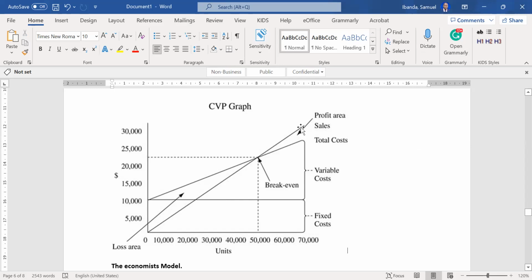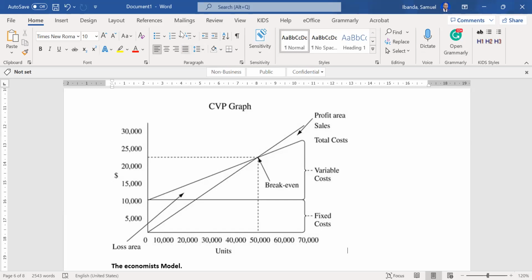The revenue line that I'm talking about is this first line that comes from 0 and goes up. That is the revenue line from 0 right here to right there. Now we also have the total cost line. This is the total cost line, the one that is coming from 10,000 and going up.